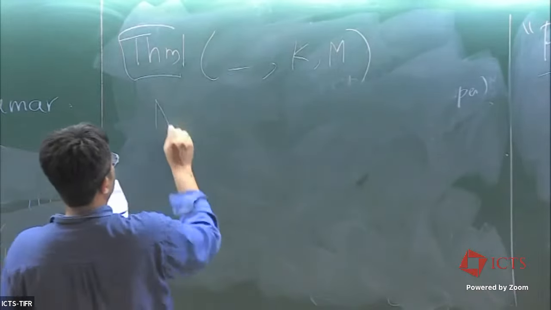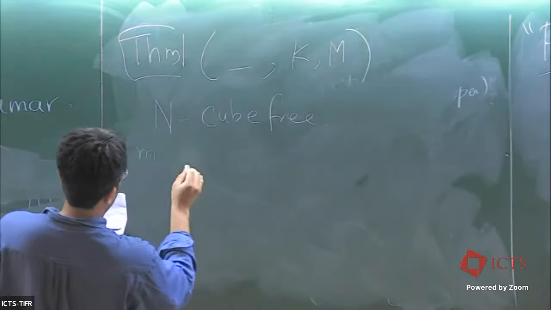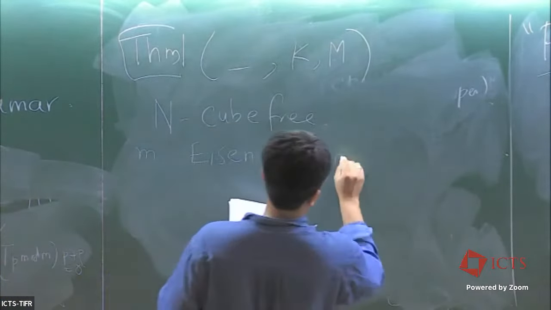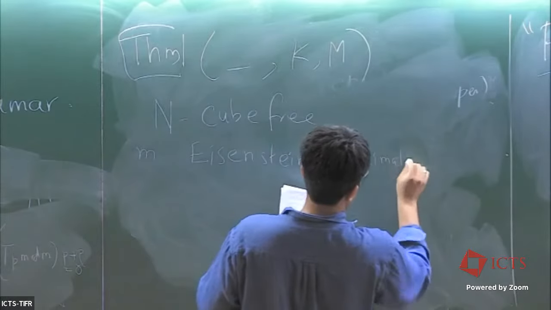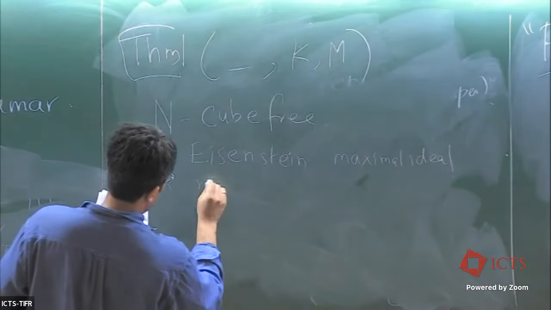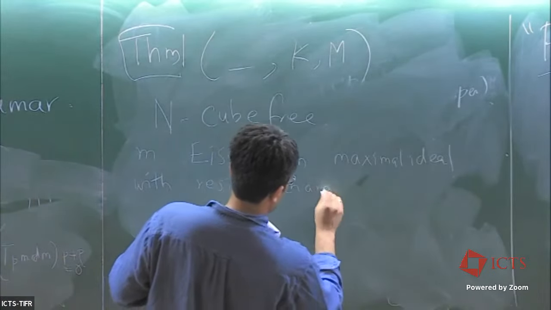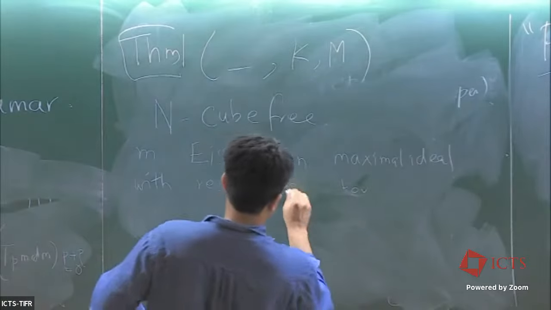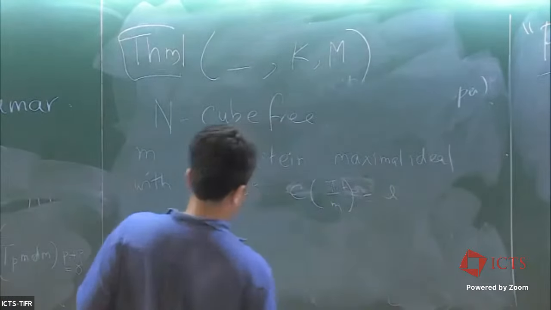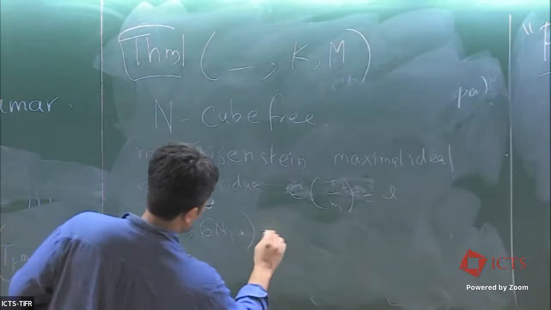If you take N to be Q free, M Eisenstein maximal ideal, with residue characteristic, okay, so characteristic of this mod M, and I have a certain assumption, whatever this is, I don't want to talk about this.